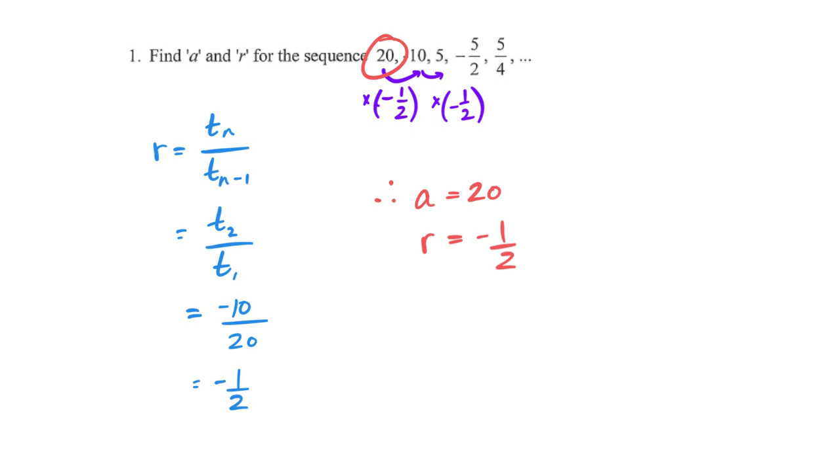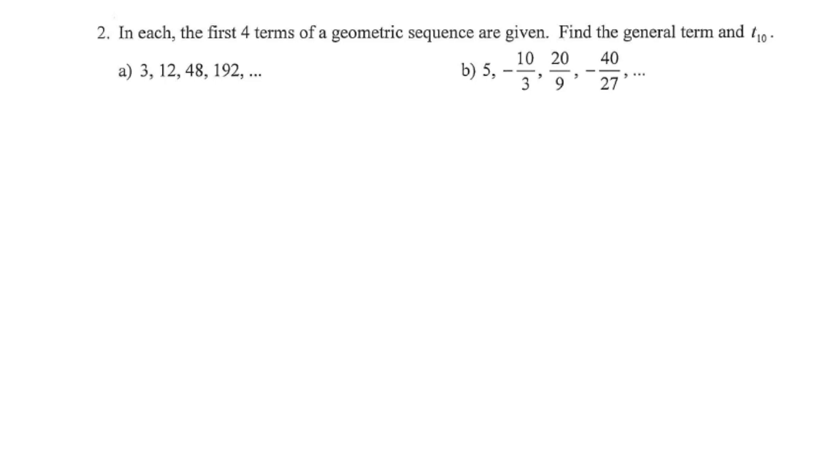Okay, let's move on to the next one. You see in problem 2, it says in each, the first 4 terms of a geometric sequence are given. So I notice in the problem, it already tells me what I'm dealing with. I need to find the general term and then find term 10.